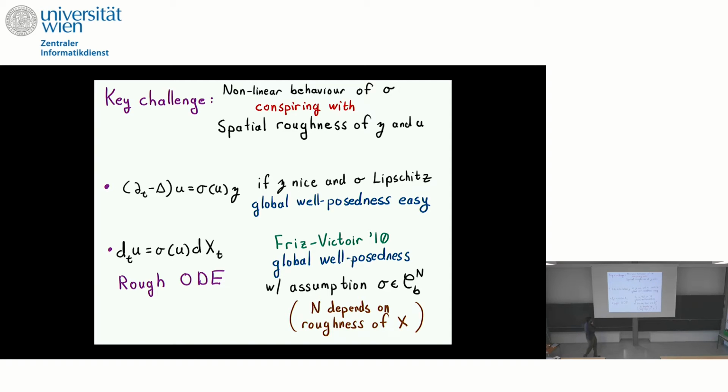So those two things work together to make things very difficult. For instance, in the smooth case, if you know that sigma is Lipschitz, then global existence in time is pretty easy.